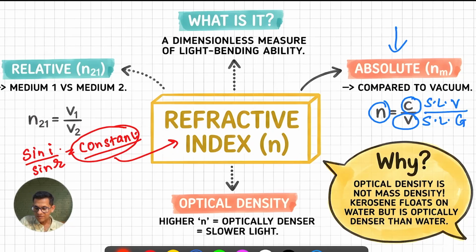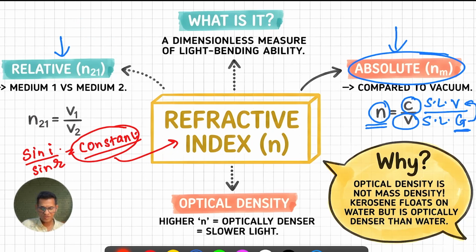If I divide these two values, I'll get the value for the refractive index of glass. Here I'm comparing the speed of light in glass with respect to vacuum, so we'll call it absolute refractive index. The other type of refractive index is called the relative refractive index.